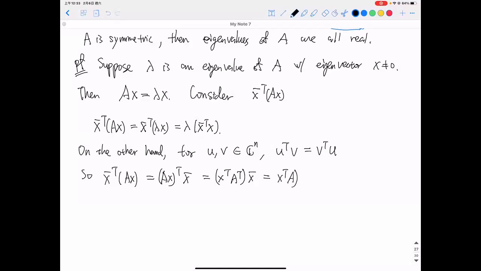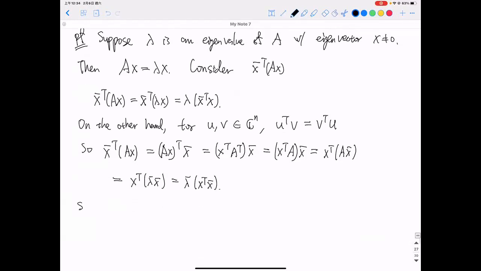By assumption, A transpose is A, so that's just x transpose A x bar. Now what is A x bar? According to the previous theorem, A x bar is lambda bar x bar. So this is just lambda bar x transpose x bar.